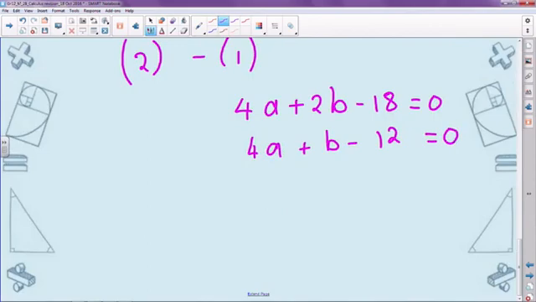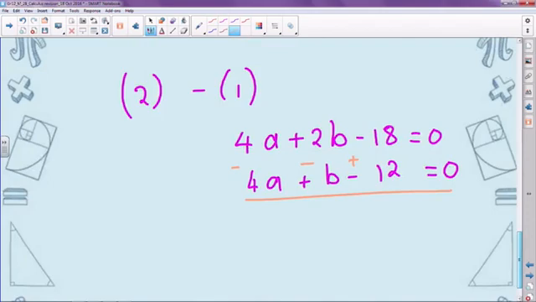Okay, remember when we subtract, we have to change our signs. So in our second line, we're going to change all our signs to the opposite. So whatever the sign was, we change it to the opposite. It's basically multiplying. What you're doing here is multiplying equation 1 by negative 1.